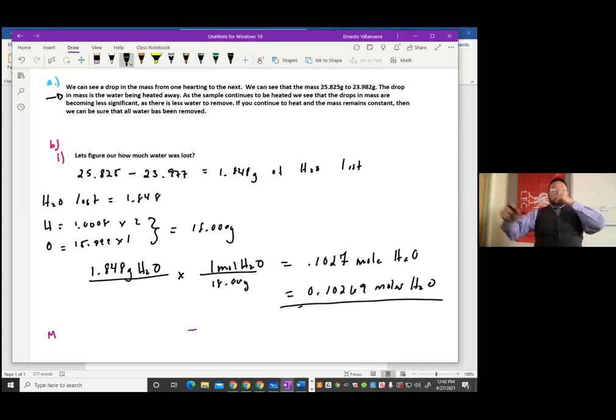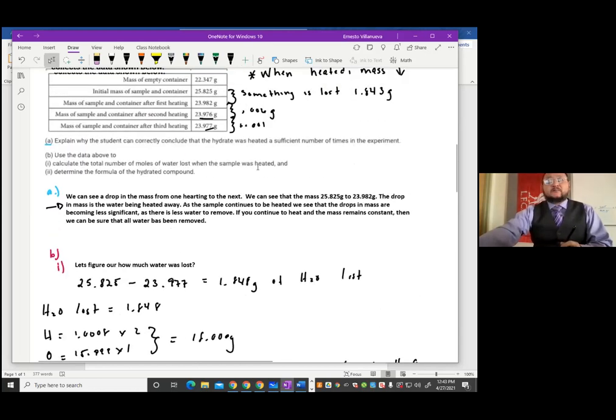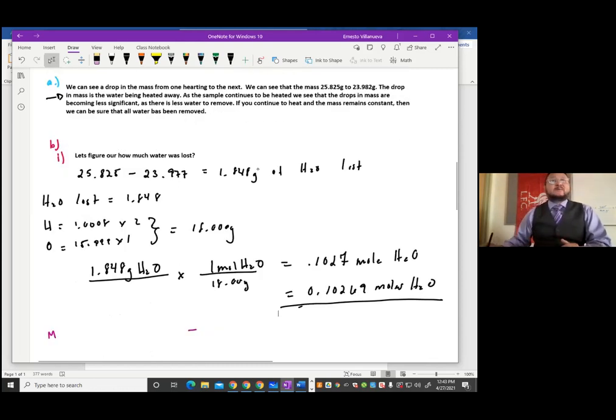Now, if that doesn't make sense, please speak up. Ask me a question. All I did was I used the data presented in the question to figure out how much water was lost. With a simple subtraction, we figured out that we lost 1.848 grams of water. And then from there, it was just a simple conversion to convert from grams to moles.